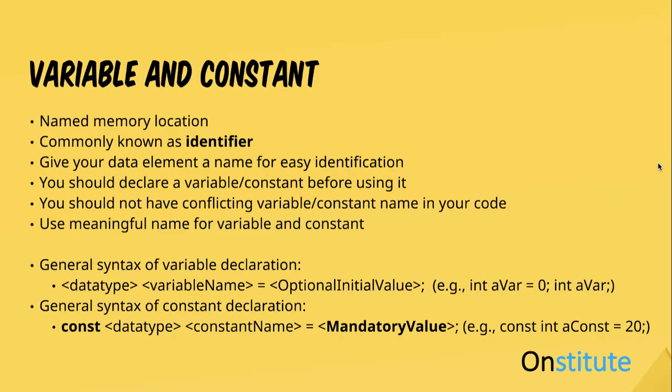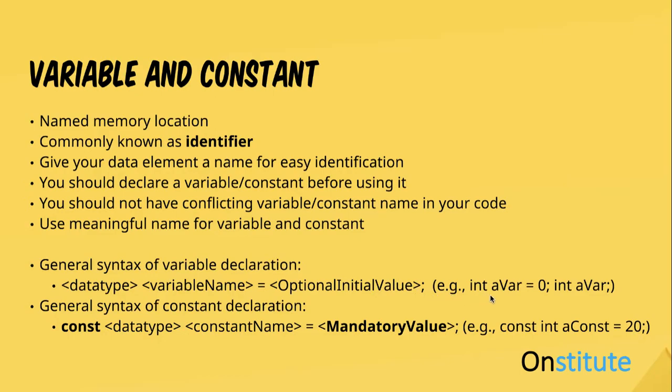Here in this slide, you can see the general syntax of a variable and constant declaration. So a variable declaration is preceded by the data type, that is the type of value it is going to store inside it. And it may also have an optional initial value following an assignment operator or an equals symbol.